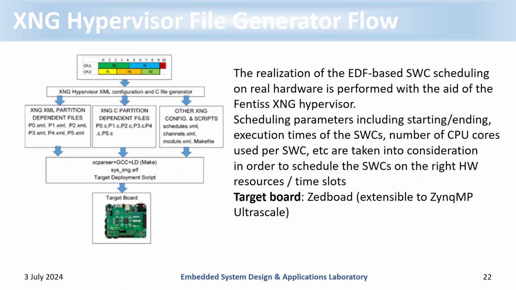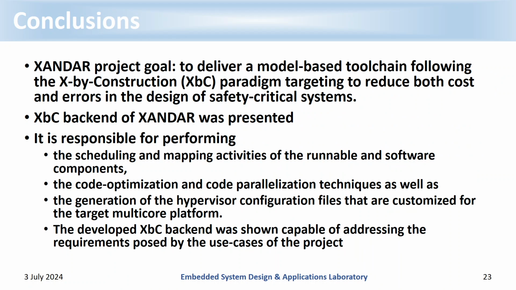Based on these parameters, all the necessary C skeleton files and XML configuration files needed are generated and compiled. The resulting image files can be downloaded to the Z-board target board, but Fentiss is working on the extension to Zynq MP UltraScale platforms that offer more processing cores.